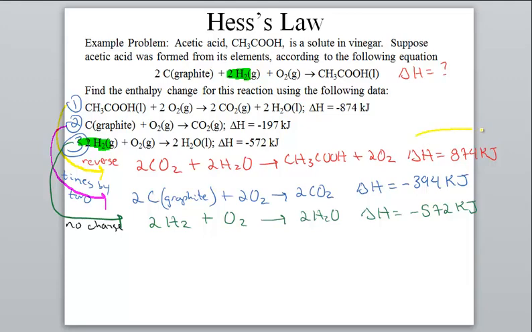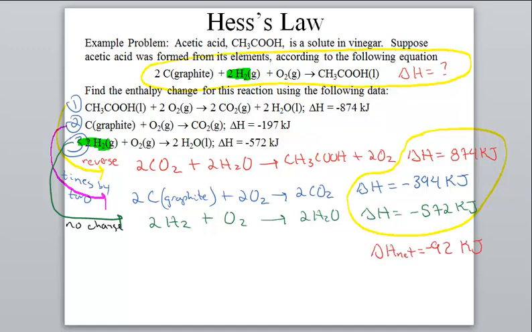Adding those energy changes for each one that goes towards the series of reactions, when you add those 3 enthalpy changes, more energy is released than what's taken from the surroundings, and the net enthalpy change is negative 92 kilojoules. And that's the number that would go for our unknown reaction that's shown up above.